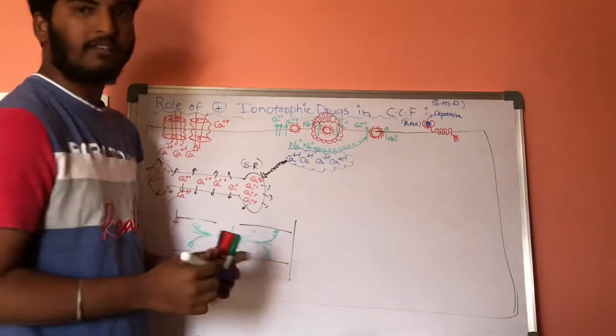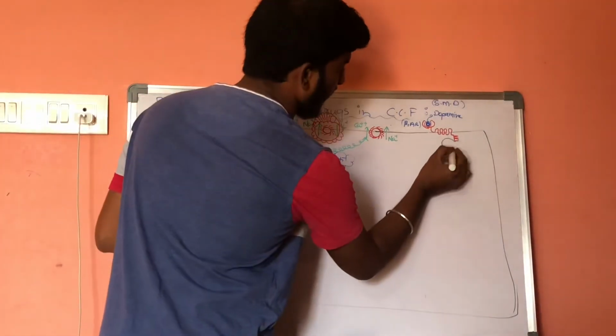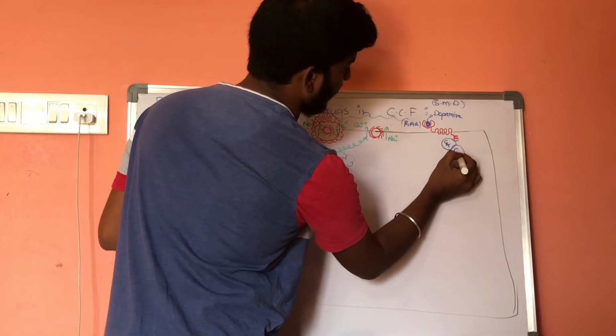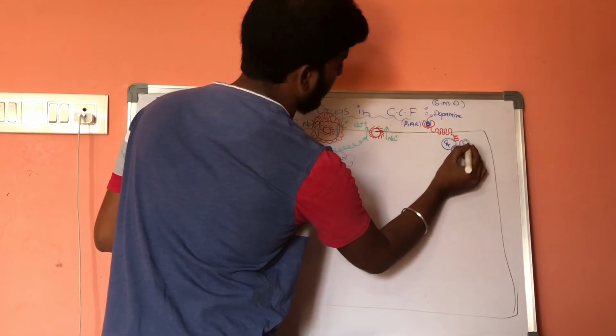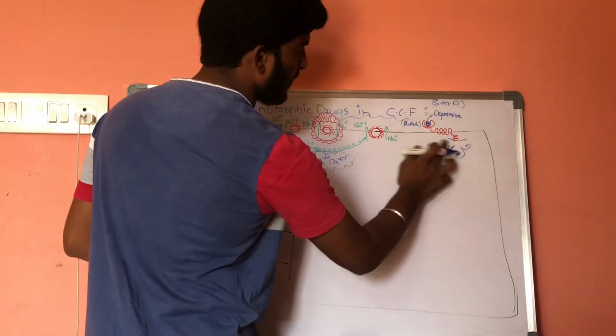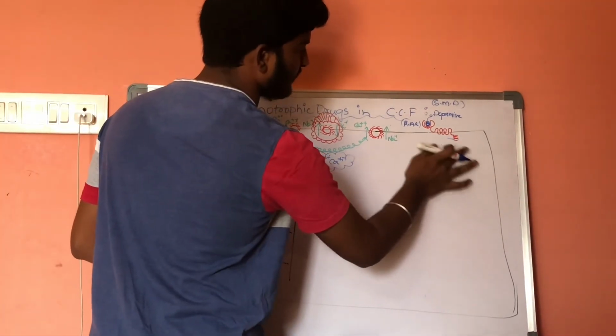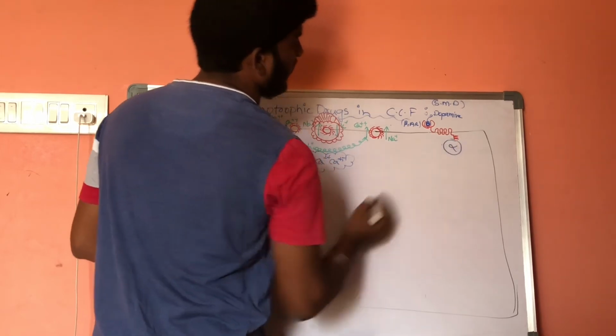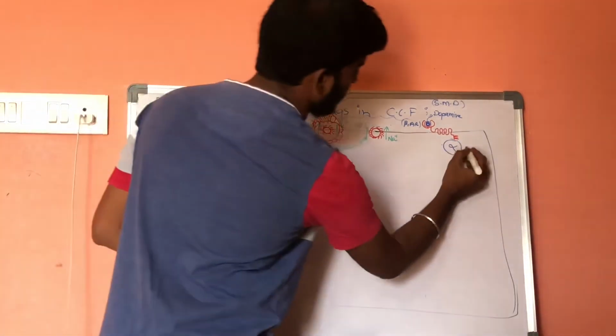Whenever the internal domain is activated, it will activate G alpha, G beta and G gamma. Then beta and gamma will get detached. There will be only the alpha protein, that is the G stimulatory protein.